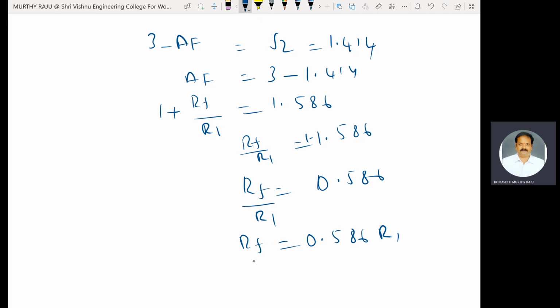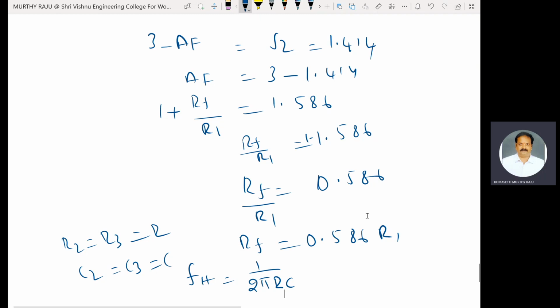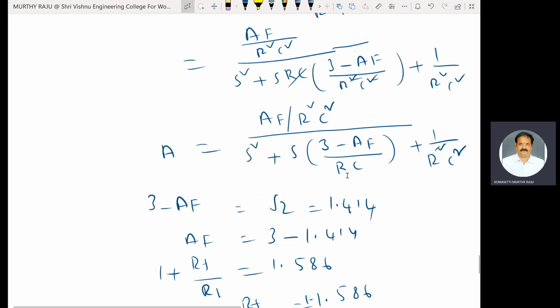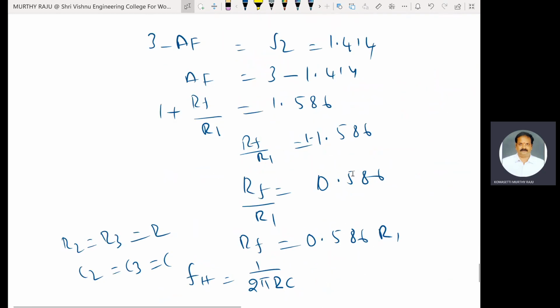This is the gain controlling parameters, resistances RF and R1, and R2 is equal to R3 is equal to R, C2 is equal to C3 is equal to C, FH is equal to 1 by 2 pi RC. These are the equations which are used to design the second order Butterworth low pass filter.